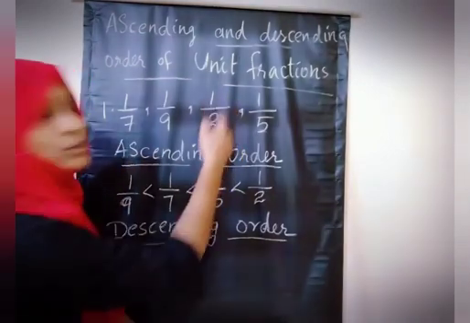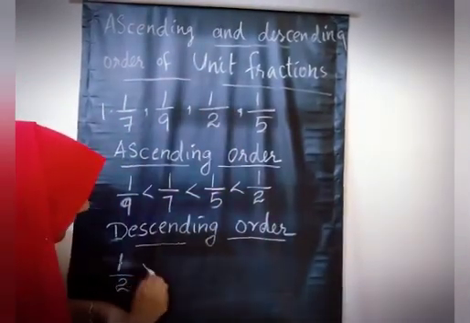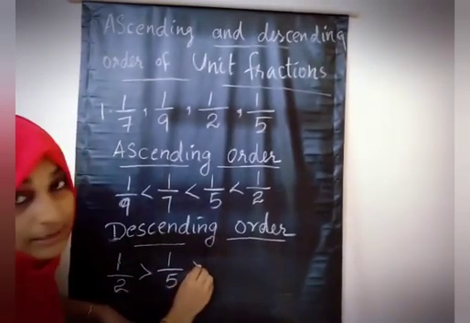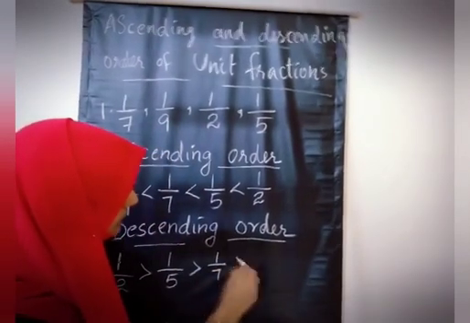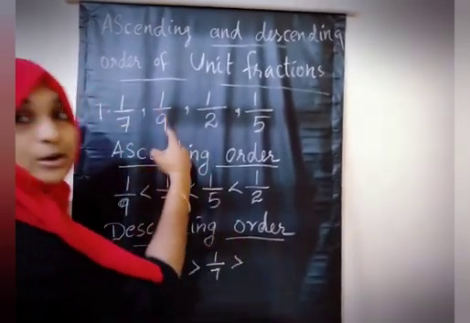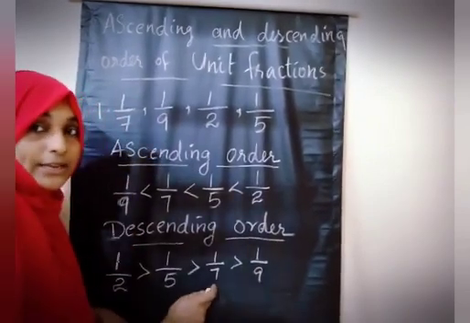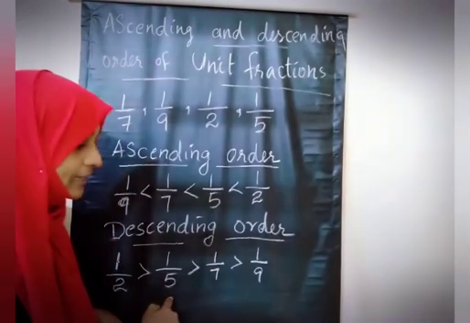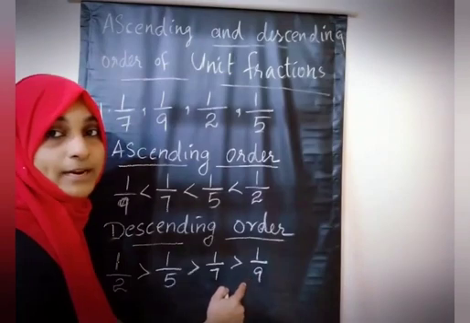So write 1 by 2 first. 1 by 2 greater than next number 1 by 5 greater than next number 1 by 7 greater than next number 1 by 9. This is the descending order: 1 by 2 greater than 1 by 5 greater than 1 by 7 greater than 1 by 9.